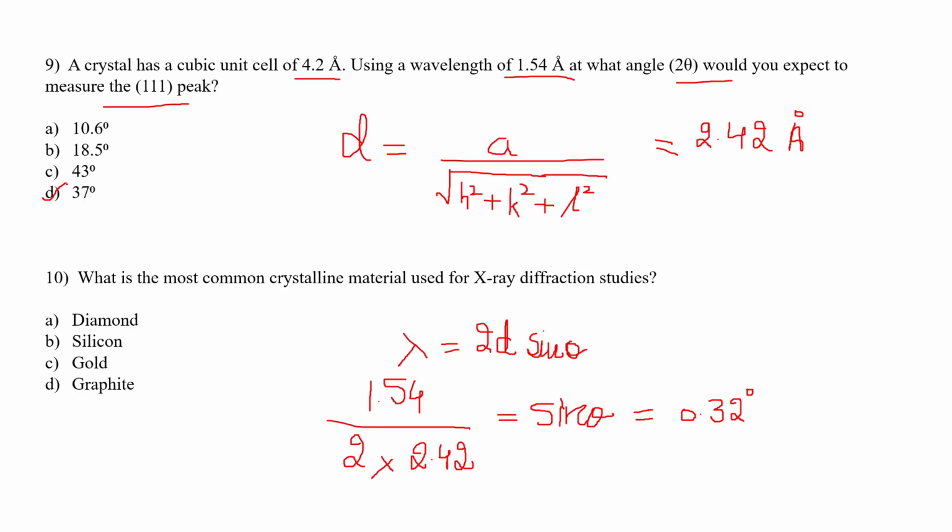The last question says, what is the most common crystalline material used for X-ray diffraction studies? The most common crystalline material, which is highly crystalline and has very specific d spacings, is silicon. So basically silicon is used for the X-ray diffraction studies.